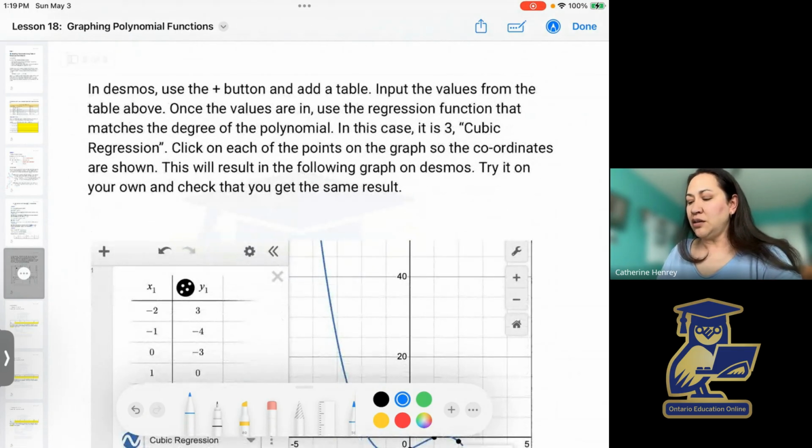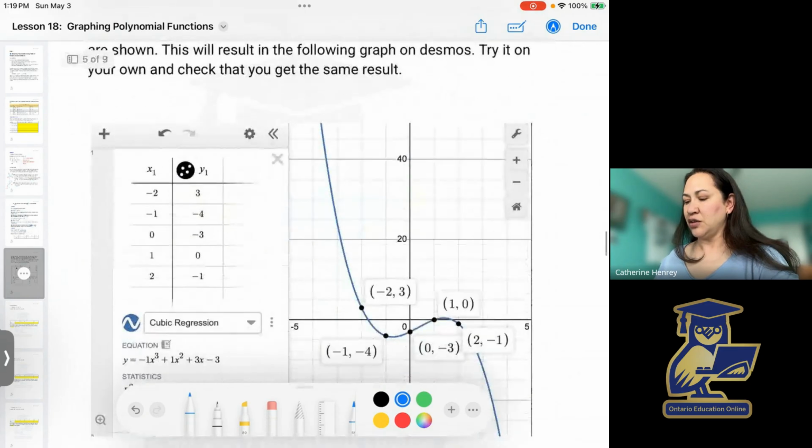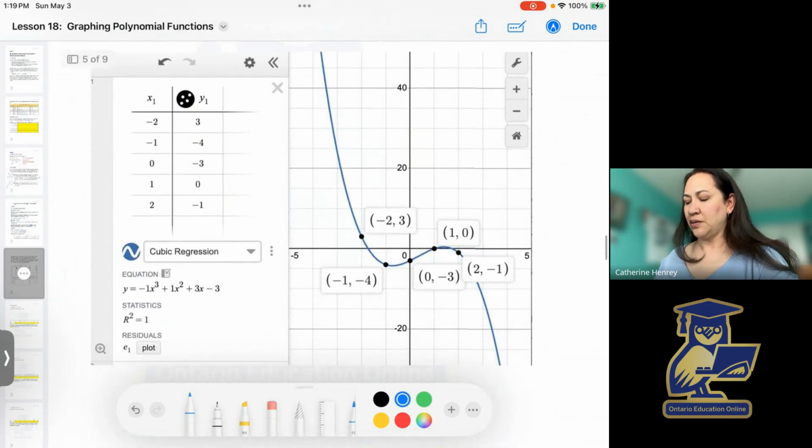Once the values are in, use the regression function that matches the degree of the polynomial. So since the highest degree of the polynomial is 3, it's cubic. So you're going to look for cubic regression and click on each of the points on the graph so the coordinates are shown. This results in the following graph on Desmos, and you should try it on your own and make sure it comes out just the same, okay?